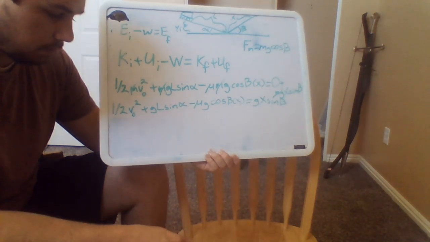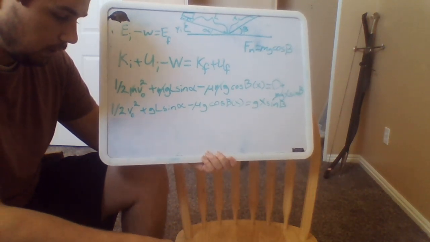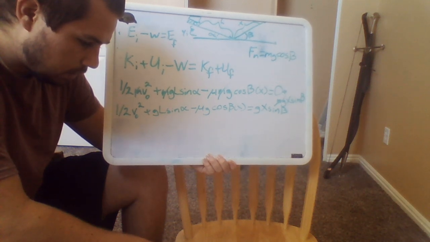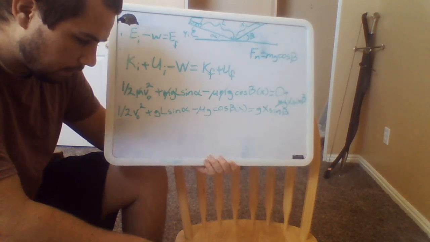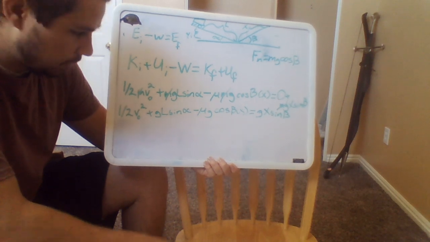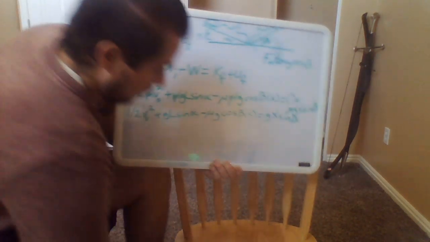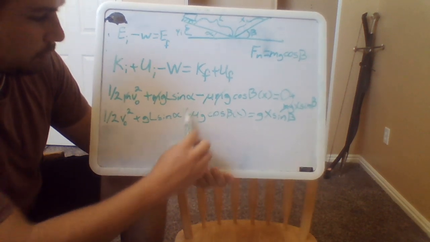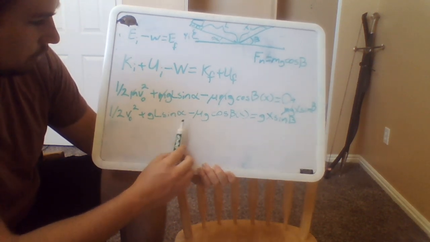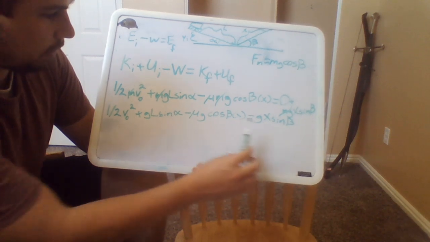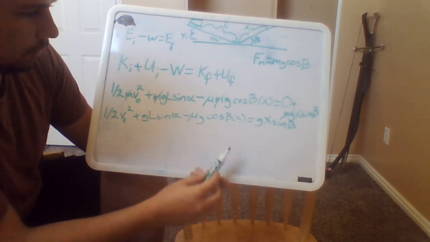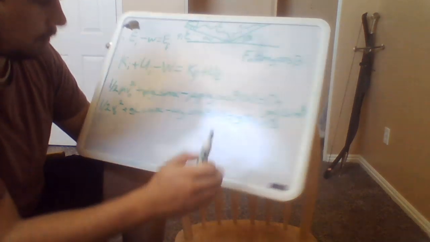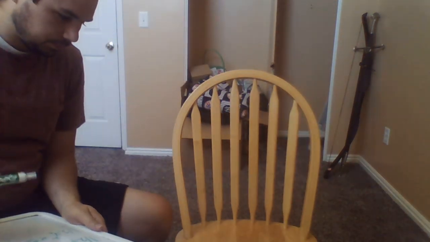The next thing we're going to do is add this part, because we're doing all this minus that, we're going to add that part over here, to get common variables together, and we'll come out with another equation.